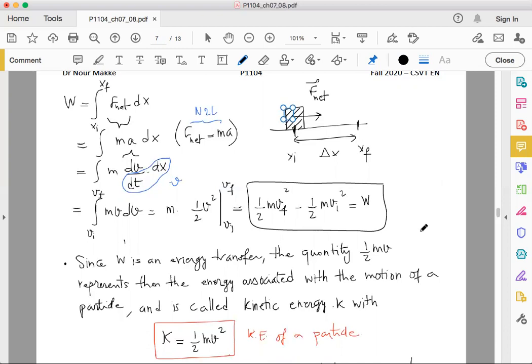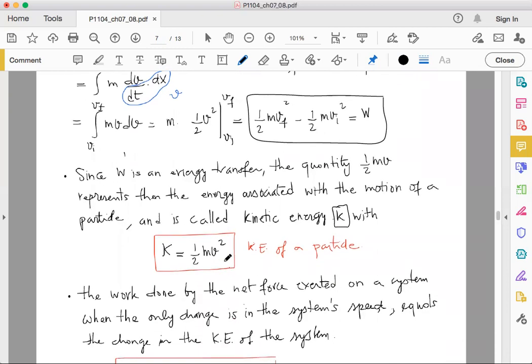So since W is an energy transfer and we have here a quantity repeated twice, actually we can identify this quantity half mv squared as an energy, and this energy is associated with the motion of the object. So that's why we call it kinetic energy, and this kinetic energy is symbolized by K, with K equals half mv squared is the kinetic energy of a particle of mass m moving with the speed or with the velocity v.